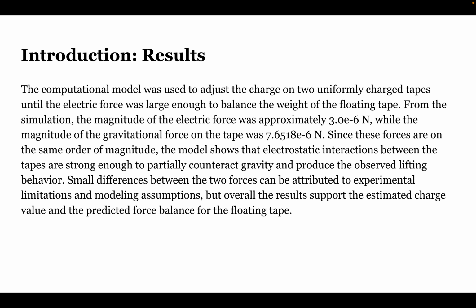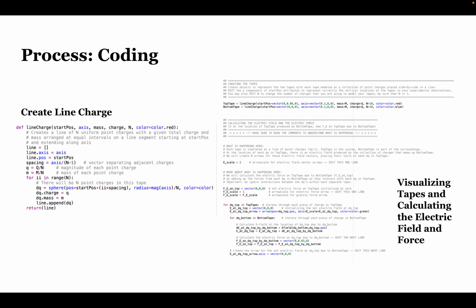Since these forces are on a similar order of magnitude, the model shows that electrostatic interactions between the tapes are strong enough to partially counteract gravity and produce the observed lifting behavior. Small differences between the forces can be attributed to experimental limitations and modeling assumptions.